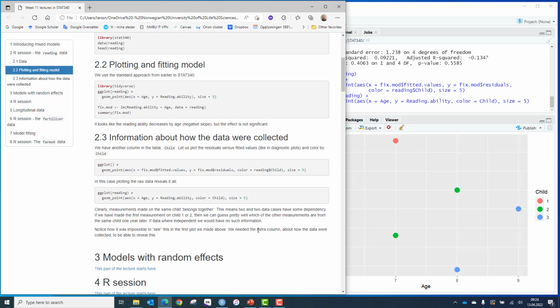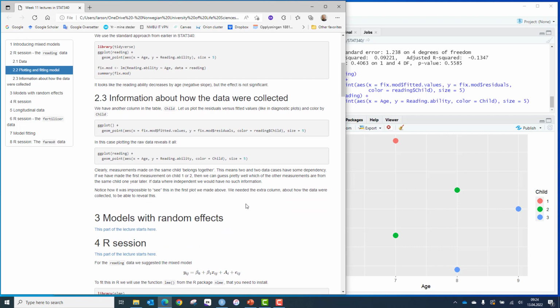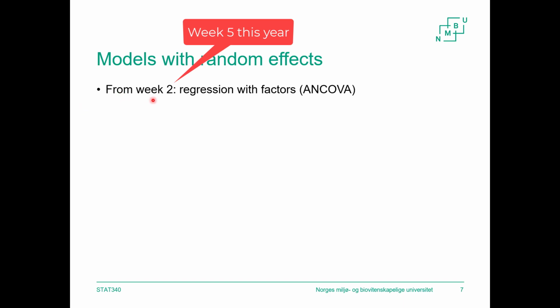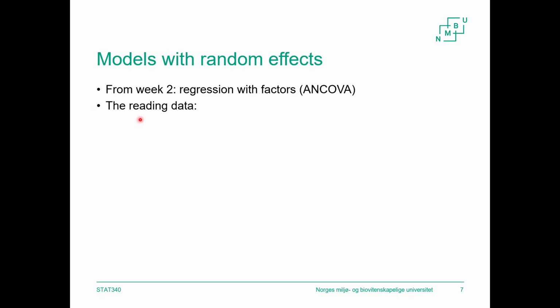Okay, so let's go back and have a look at random effect models. Well, not random effect models, but models with random effects, I should have said. So what is this? From week 2, we talked about regression with factors, analysis of covariance, or ANCOVA, right? The reading data could be used in this setting, where we have the reading ability for child number i and time point number j.